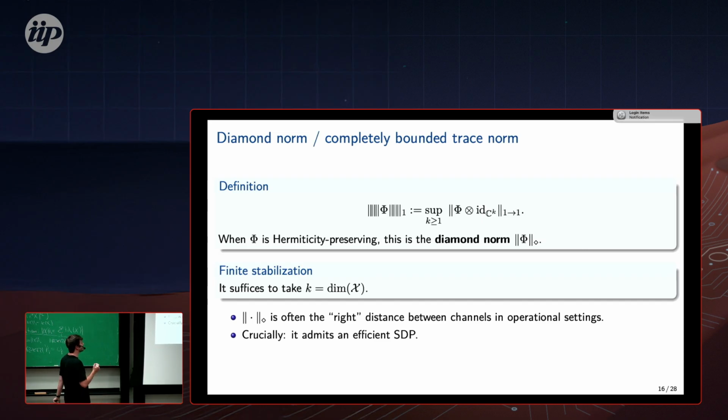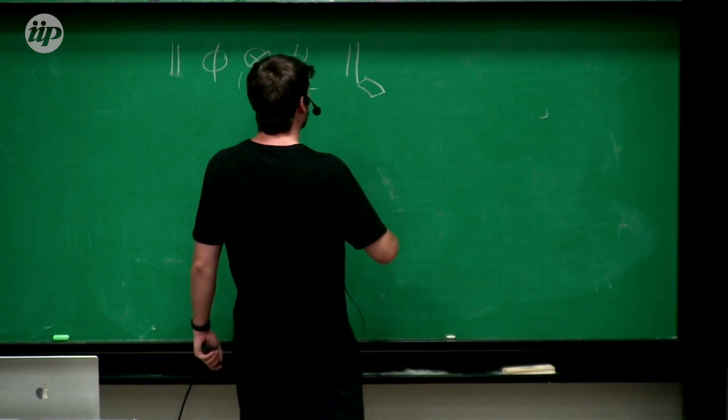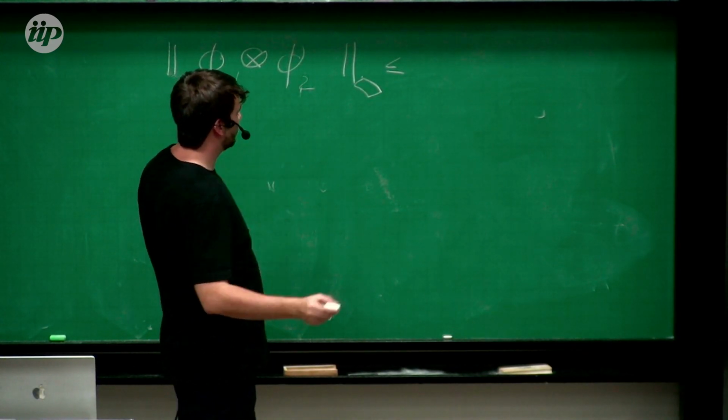This definition is nice because it shows you one nice property the diamond norm has: if you tensor two quantum channels and you look at the diamond norm, then you can easily upper bound it, and it doesn't matter what the dimensions of these two are, because you can easily do the following thing.